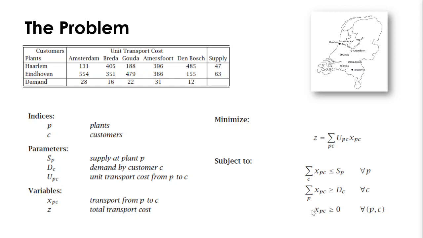And finally, we will impose that all variables are non-negative. We don't transport anti-trucks or something, or we don't have variables which can be negative, meaning some reverse flow. No, it doesn't make sense. So we just have non-negative values. So either we don't ship any truck, or we ship a positive number of trucks from every plant to every customer.